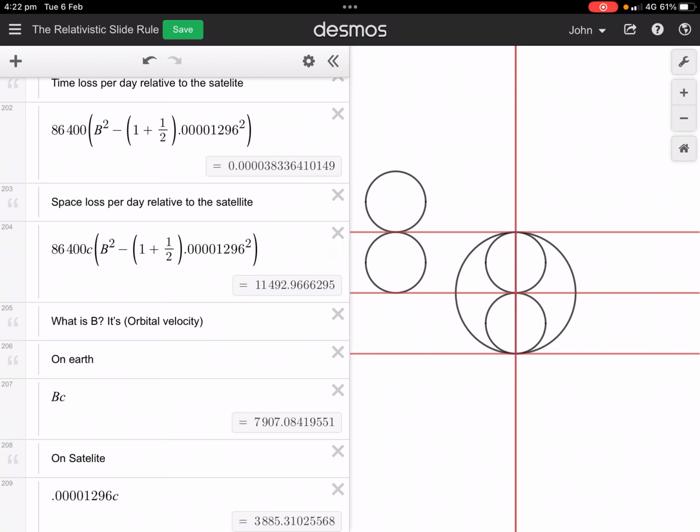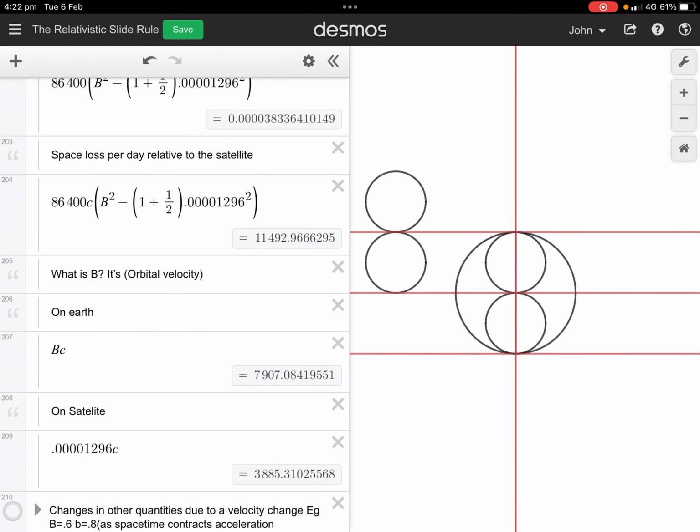And space loss per day relative to the satellite is going to be that amount, about 11 kilometers, which is quite a lot.